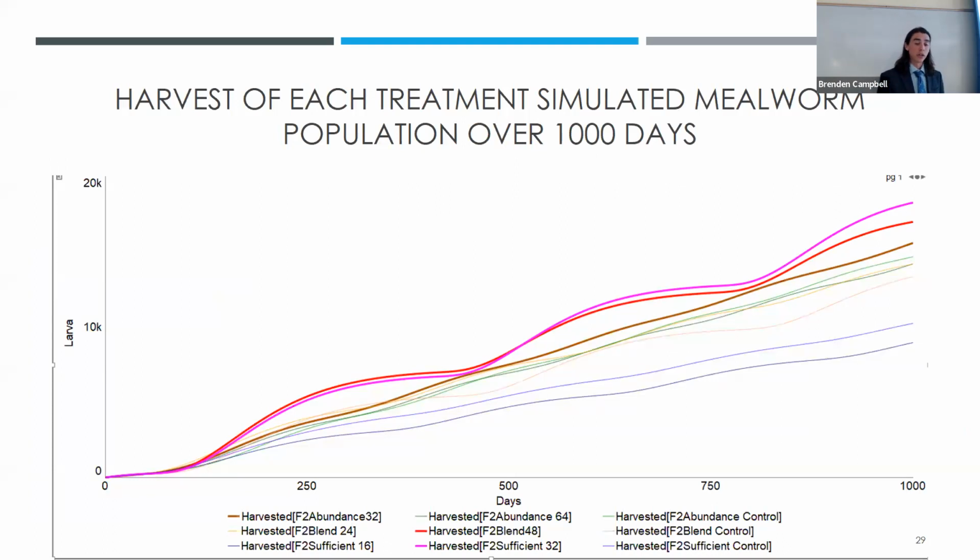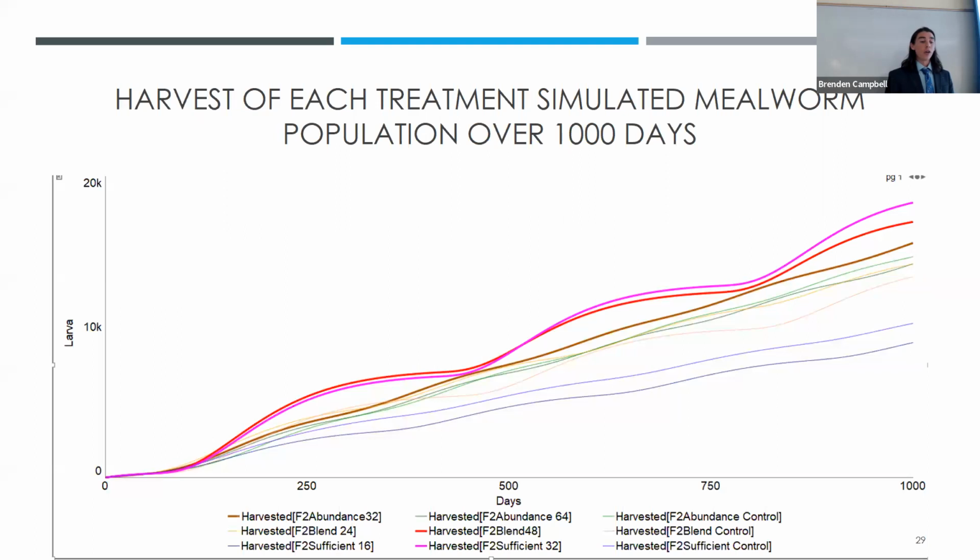However, sufficient 32 is the largest number of larvae harvested, which is this pink line up here, and then blend 48 being the second largest, which is that red line, and abundance 32 being the third highest in terms of amount of larvae harvested. Sufficient 32 and blend 48 being greater than abundance 32 is due to that severe increase and decrease in larval population, referring back to those 3 big peaks and valleys.